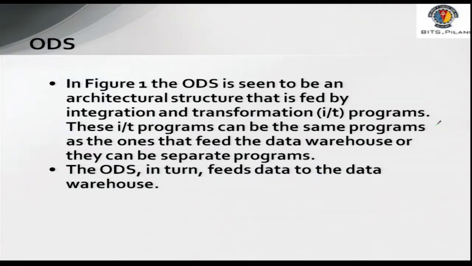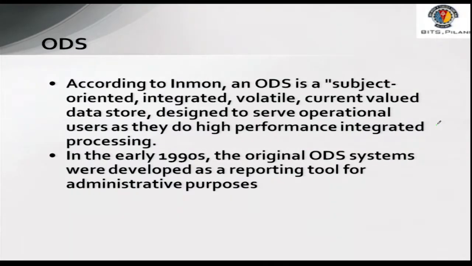These IT programs can be the same programs as the ones that feed the data warehouse, or they can be separate programs. The ODS in turn feeds the data warehouse. But you'll see that there are certain kinds of ODSs which take data from the data warehouse.